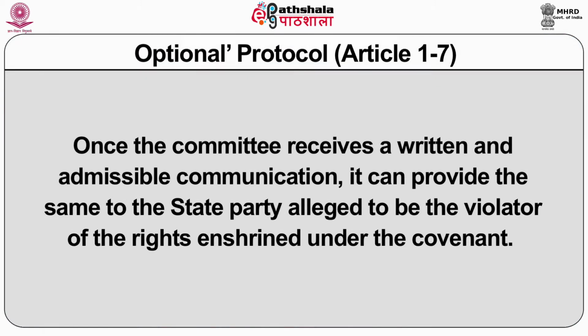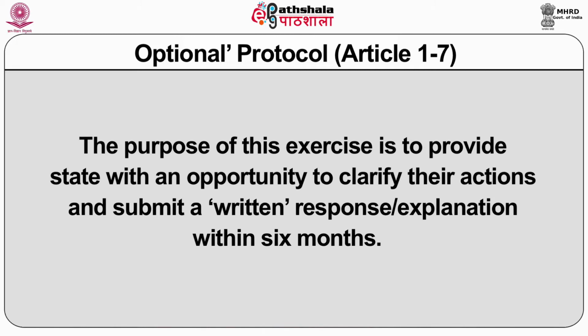Once the committee receives a written and admissible communication, it can provide the same to the state party alleged to be the violator of the rights enshrined under the covenant. The purpose of this exercise is to provide the state with an opportunity to clarify its actions and submit a written response explanation within 6 months.